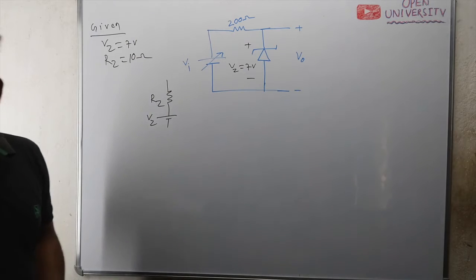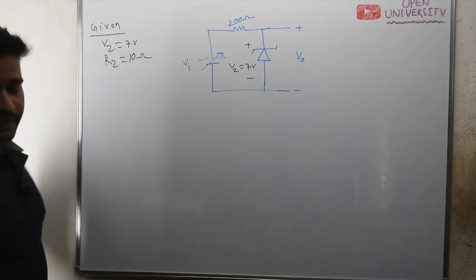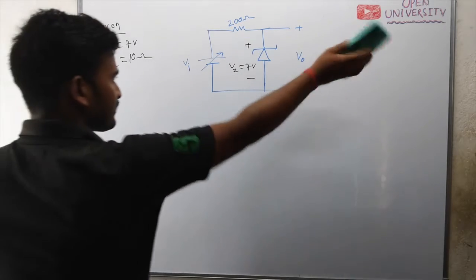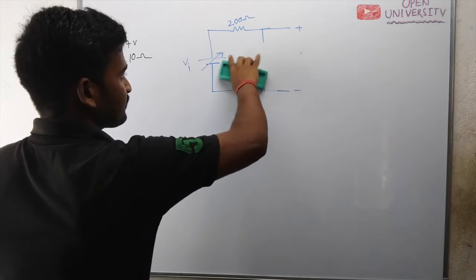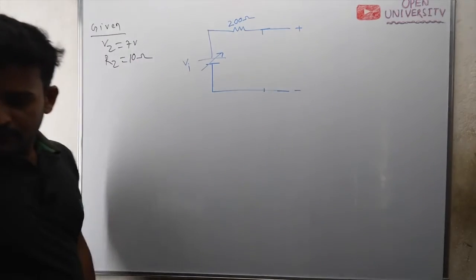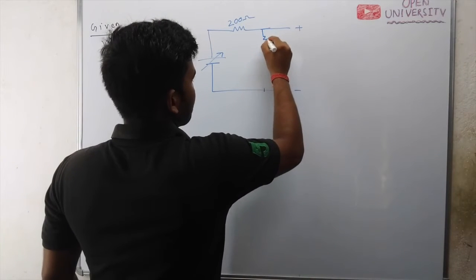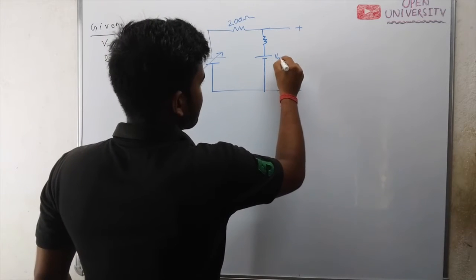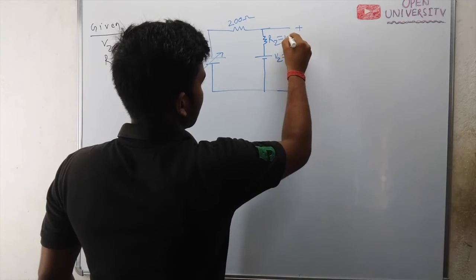Now this is the question given, and it is asked to find the range of the output voltage. Replace your Zener diode with its equivalent circuit, which will be RZ and VZ. VZ is given as 7 volt and RZ is given as 10 ohm.